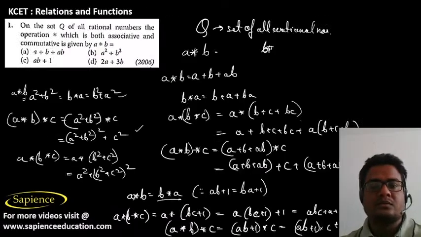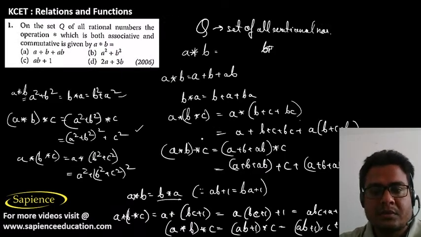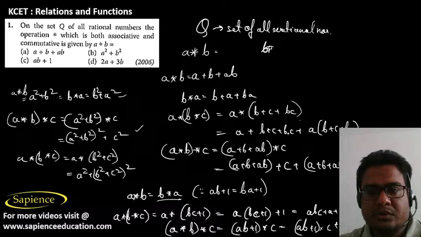And option D is 2A plus 3B. For the first option, I think we made some mistake.